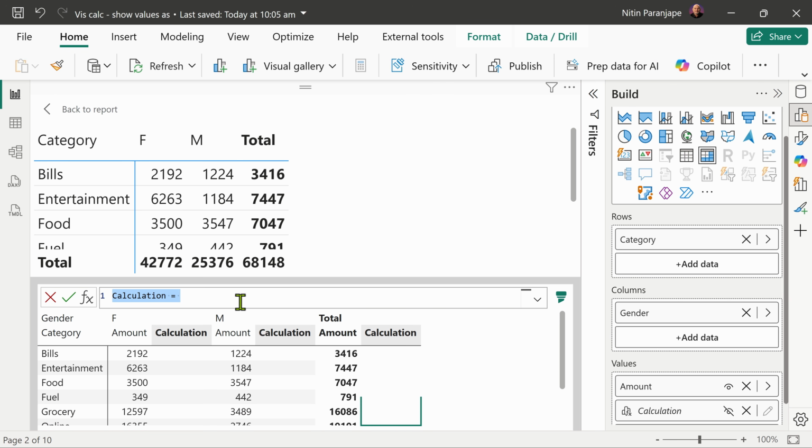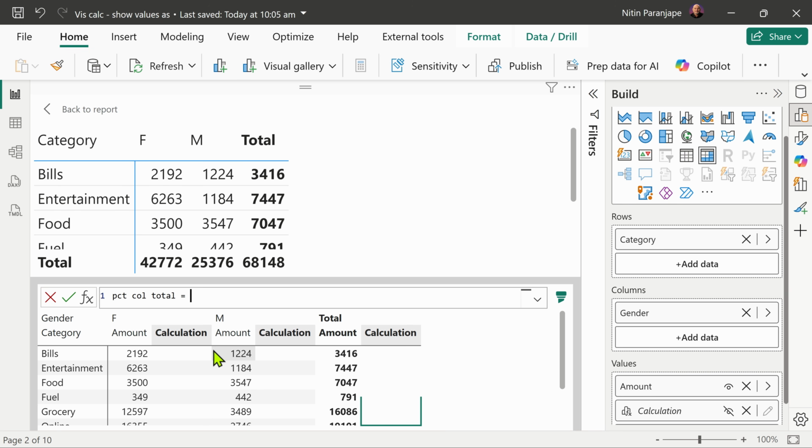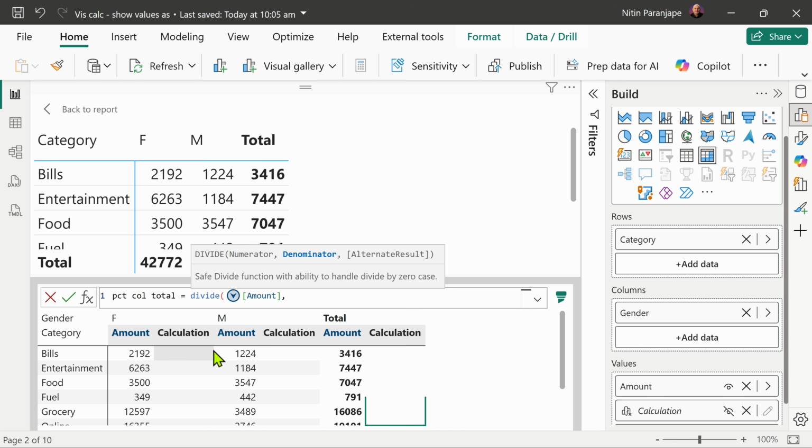What I want is percentage of column total. So what we want to do is for each value, let's say 1224, I want to compare against the column total. So we have to do a division. The current value is amount, that's the field. So we just say amount. But divide by what?